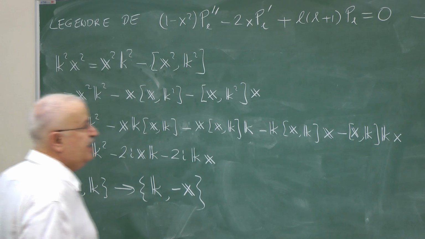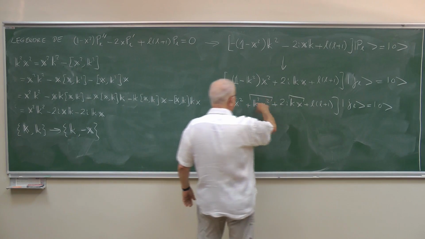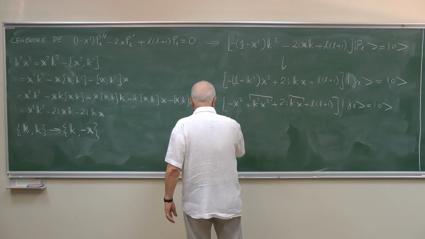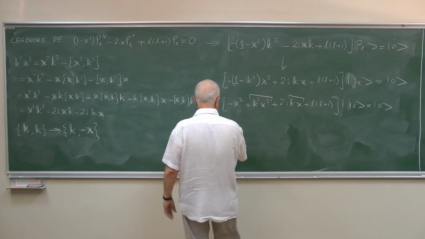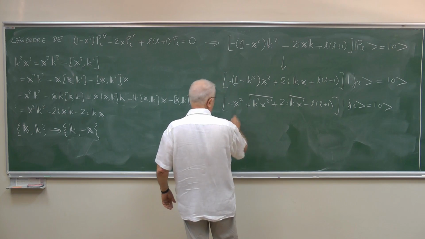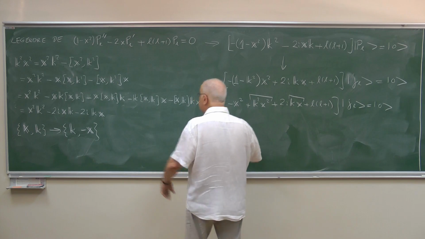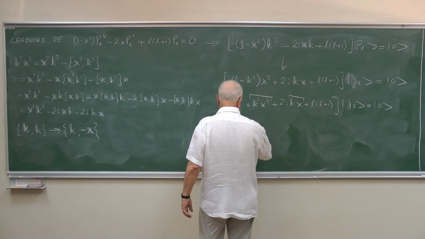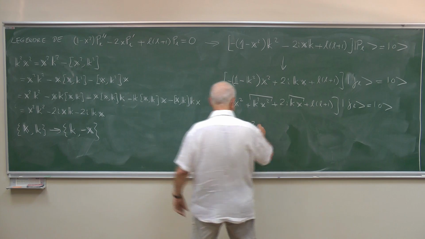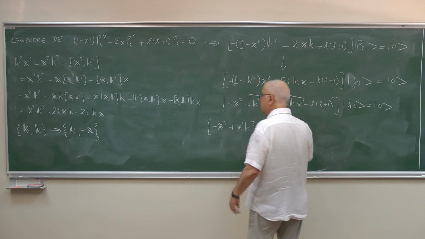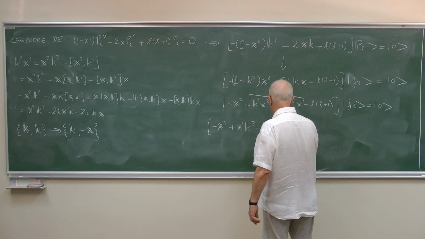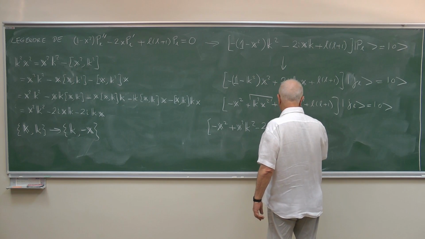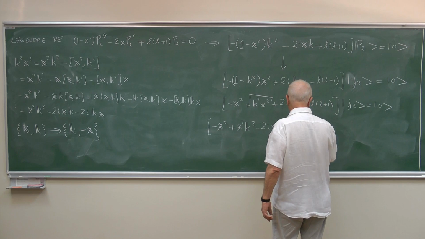So I'll replace this k square x square by the new version of it. Minus x square, I do not forget, plus x square k square minus 2i xk minus 2i kx.